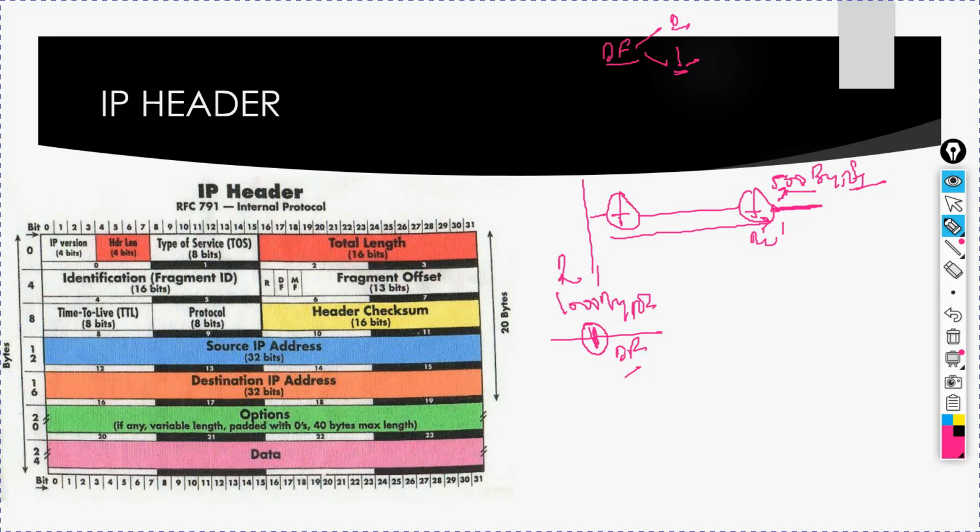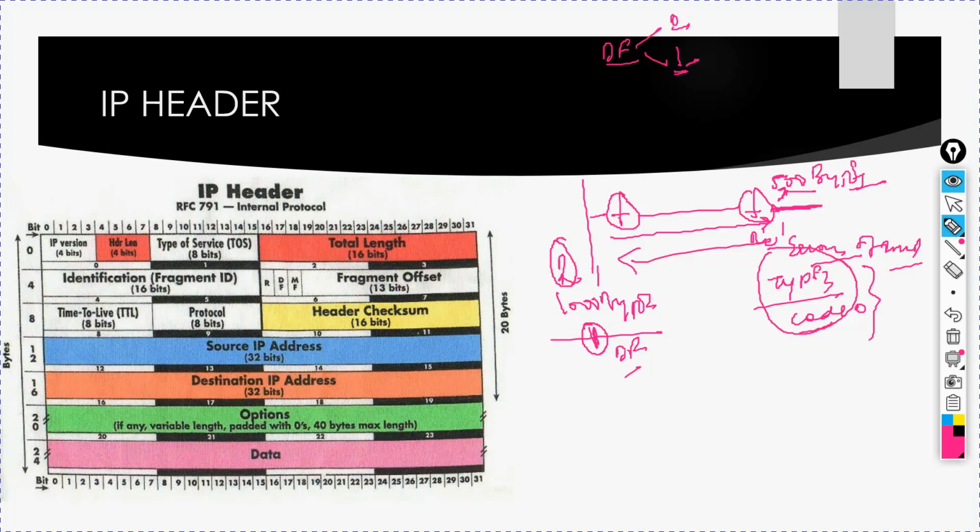From here, an ICMP error message will be generated, with type 3 code 0, which suggests that fragmentation is required. This information, type 3 code 0, tells the source that fragmentation is required.